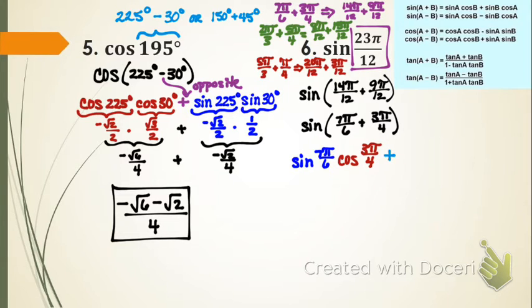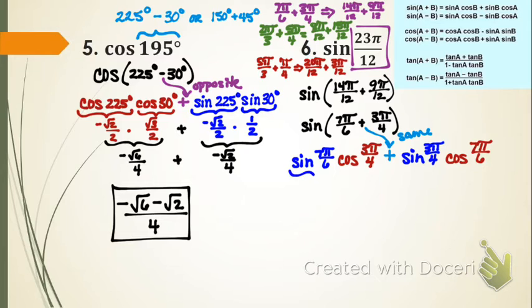Plus stays the same. And then what's it look like at the end? Sine, cosine. Sine of what? 3 pi over 4, whoever you left out the first time. And then cosine of 7 pi over 6. So far, so good?